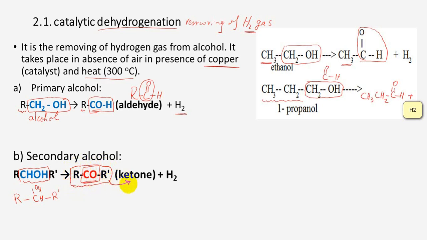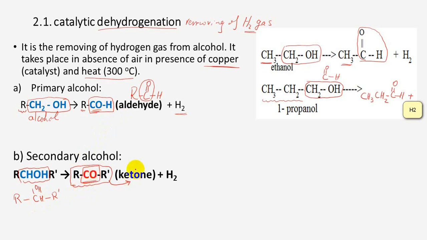Of ketone. In the chapter of aldehyde and ketone, we will take the general formula of aldehyde and ketone and how to name them. In this chapter only, we want to know how to change the functional group of alcohol into either an aldehyde if it is a primary alcohol, or into a ketone if it is secondary.